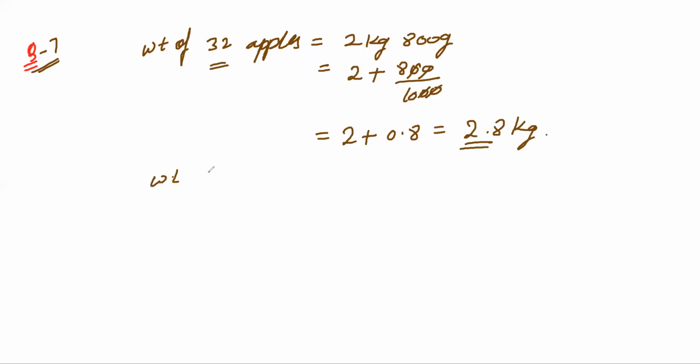So weight of one apple is equal to 2.8 divided by 32. Now don't divide it, let it be written as it is. Now the question is saying, if there is a box and the weight of the box is 35 kilogram, then how many apples are there?